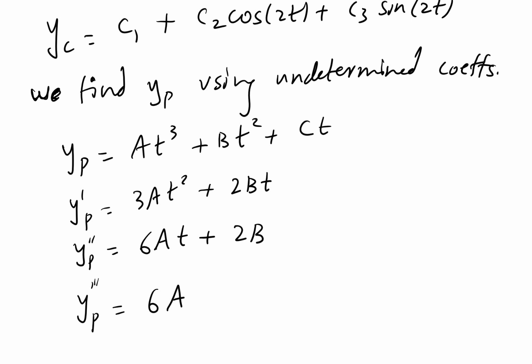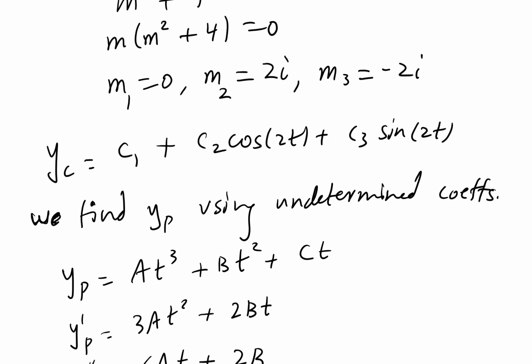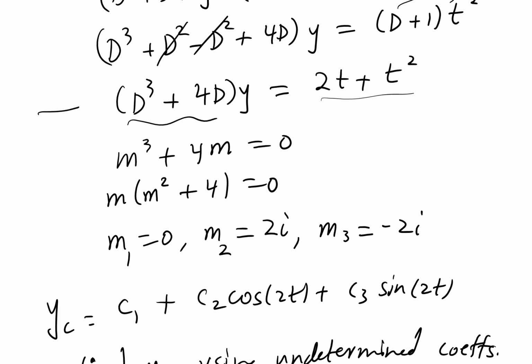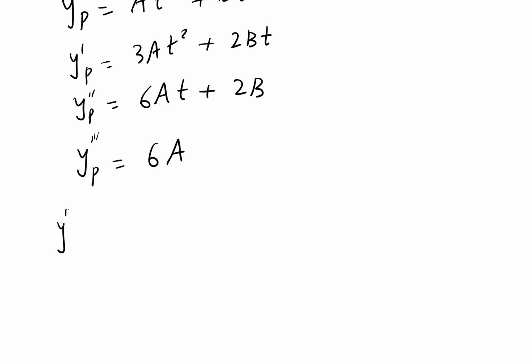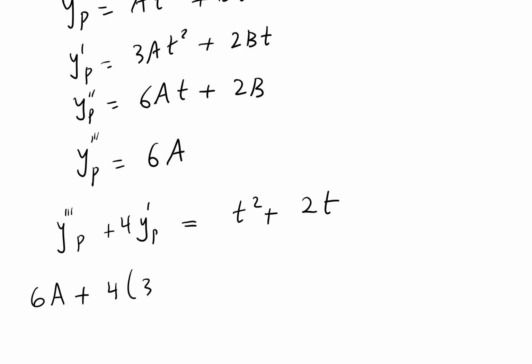Now we look back at the last equation we got here. This looks like y''' + 4y' = t² + 2t. Y''' was 6a, 4 times y' is 4(3at² + 2bt + c), keeping the right hand side the same.